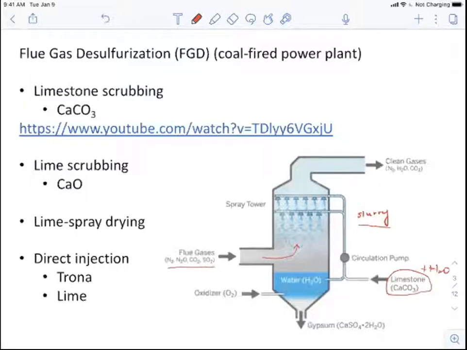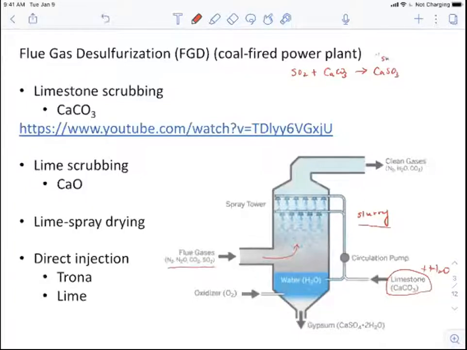Then we spray these droplets from the top of the scrubber tower. The sulfur dioxide reacts with the calcium carbonate to form calcium sulfite and carbon dioxide.